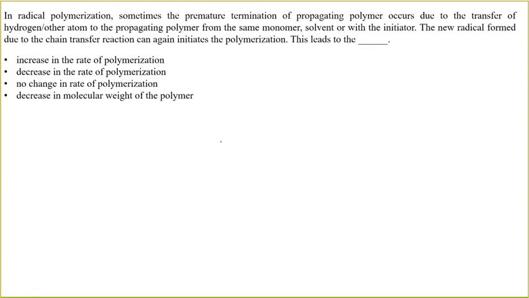In radical polymerization, sometimes the premature termination of the propagating polymer occurs due to the transfer of a hydrogen or other atom to the propagating polymer from the solvent or the initiator. The new radical formed due to the chain transfer reaction can again initiate the polymerization.